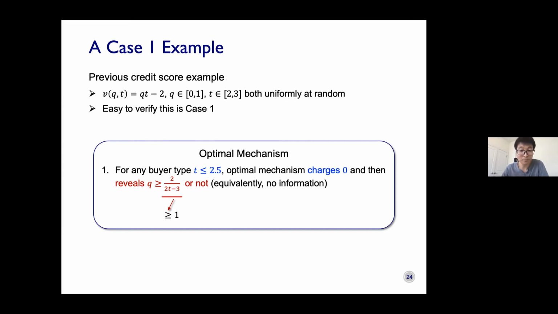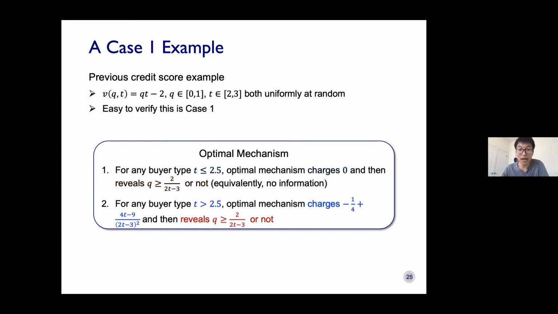And when the buyer type is larger than 2.5, that's the non-trivial case. It turns out the optimal mechanism is going to charge you this amount, which I don't have any intuition for. It's really just calculated from the mechanism, and it reveals still the same kind of threshold.